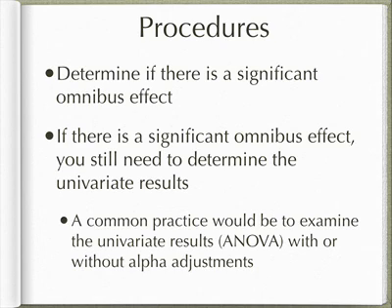And there's an omnibus effect for every effect that we are assessing. So if we're doing a 2-way ANOVA, we have an omnibus effect for one of the main effects. We have an omnibus effect for the other main effect. We have an omnibus effect for the interaction.